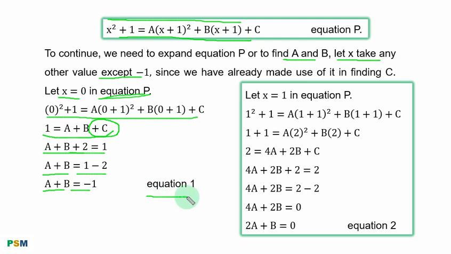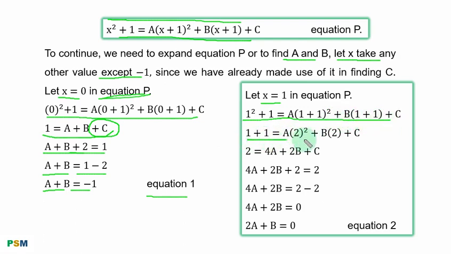We need another equation for us to solve them simultaneously in order to get A and B. Let's take s again equal to 1 to get the other equation. In equation P, you replace s with 1 in this form.